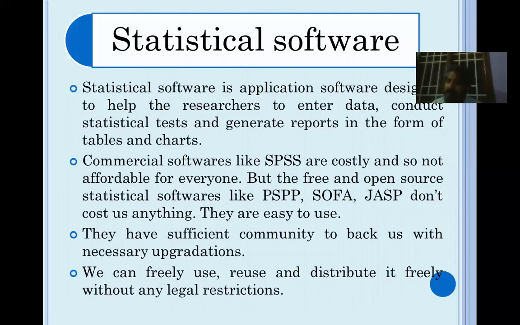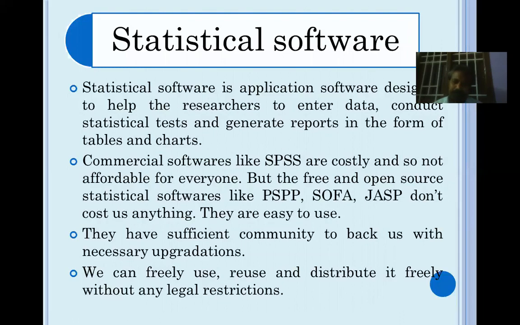A statistical software should help you to enter the data, to edit the data, to import the data, to generate the references, to generate the tables, different kinds of tables, to generate the charts, to conduct the statistical test for testing a hypothesis. A statistical software should be able to provide you all these things.